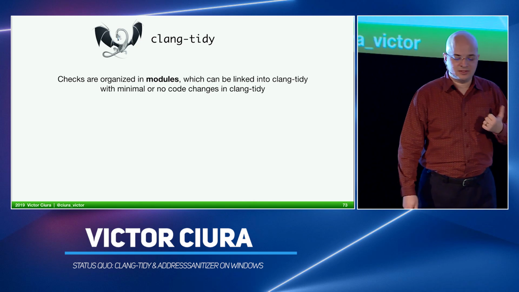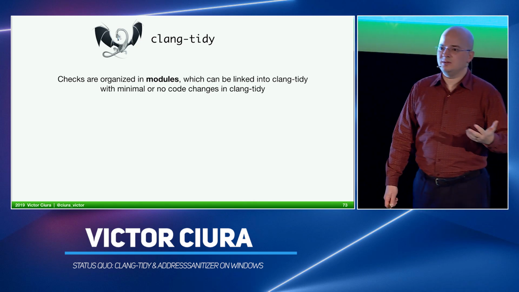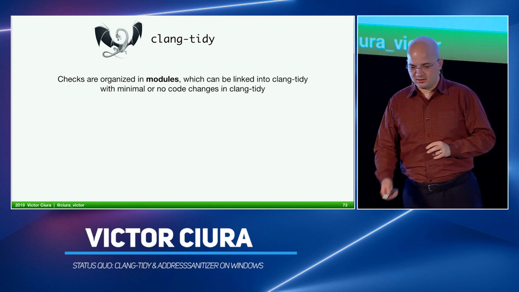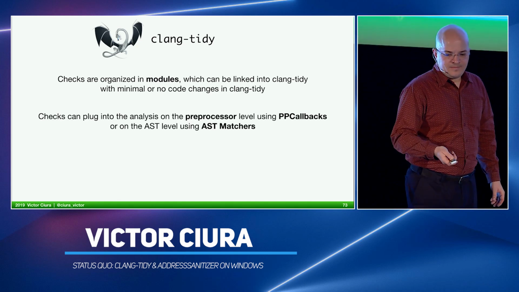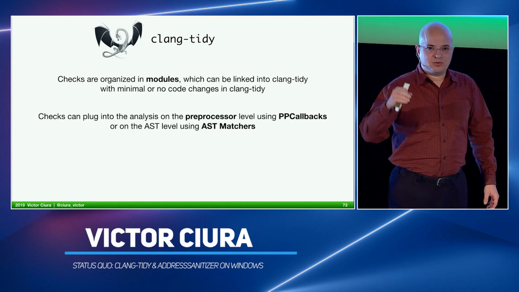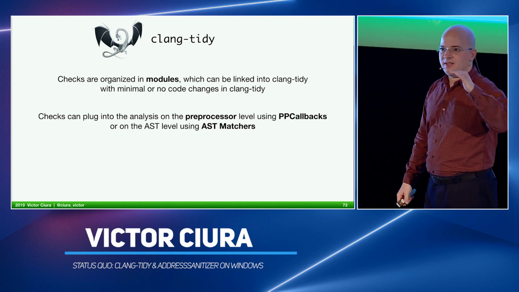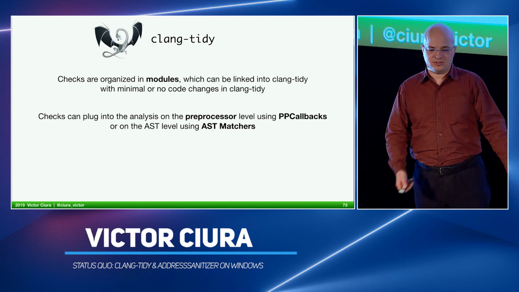It's not that difficult. I'm not going to tell you that it's breezy, but it's not that difficult to build simpler checks. It's surprising sometimes. Checks are organized in modules. You can plug in at the preprocessor level in Clang-tidy with PP callbacks, or at the AST level with AST matchers. This is more frequent using AST matchers.